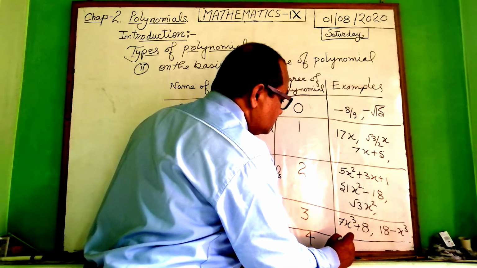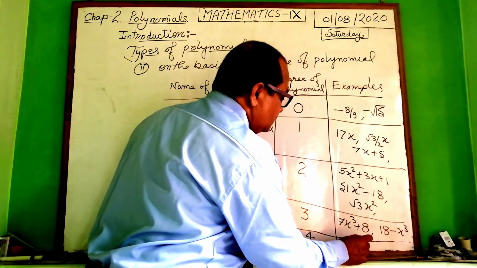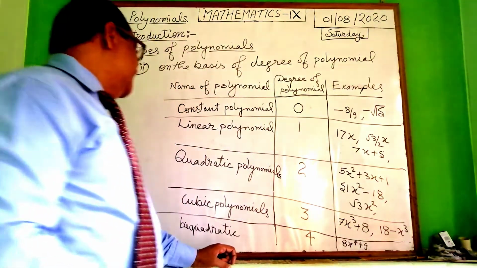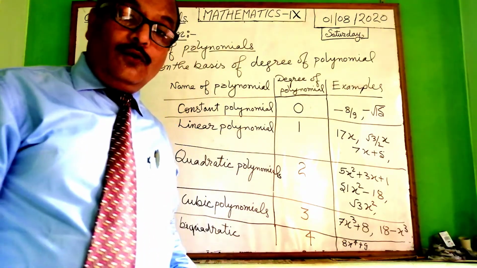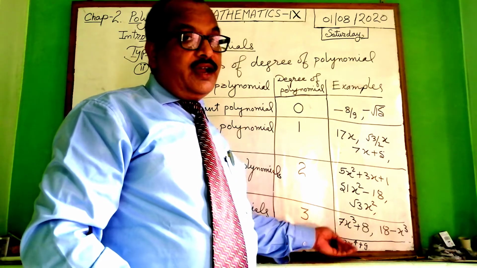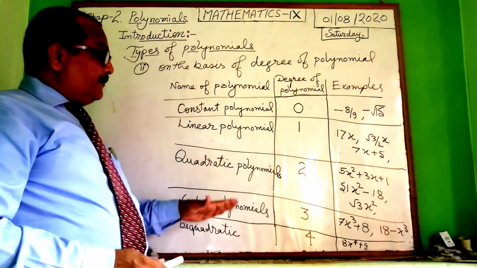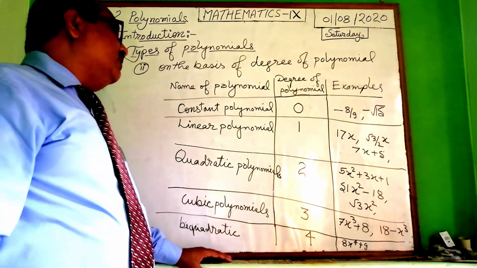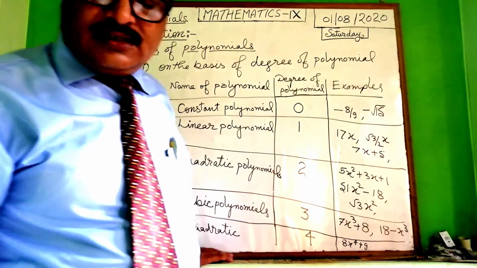Suppose 8x to the power 4 plus 9. This is a biquadratic polynomial because it has degree 4. So many examples you can write related to it. You must categorize depending on the degree of the polynomial.